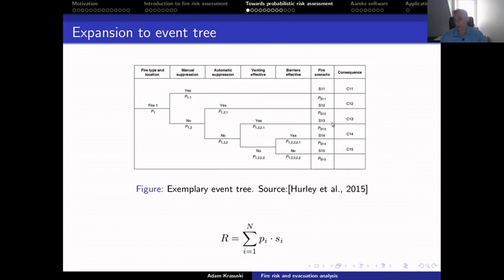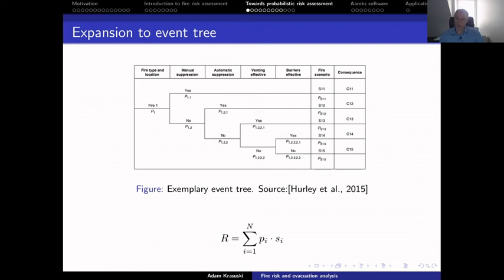On the leaves of each of these branches of the event tree, we have some scenarios and some consequences. The final risk of the building with this approach is the sum of the probability times the consequences of each of these scenarios. And the final value is presented.